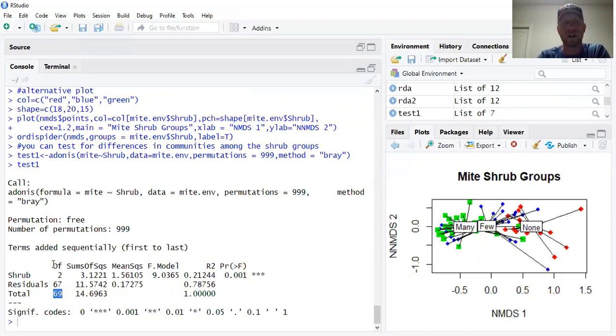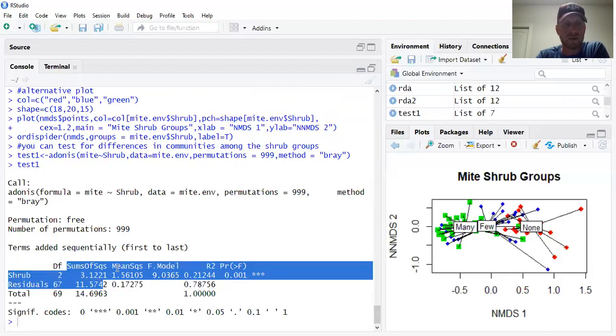So I know this is not a statistics course, but degrees of freedom are essentially how much power do we have to run a statistical test, and higher degrees of freedom are always a good thing. So that's why larger sample size is usually better for the rigor of statistical testing.